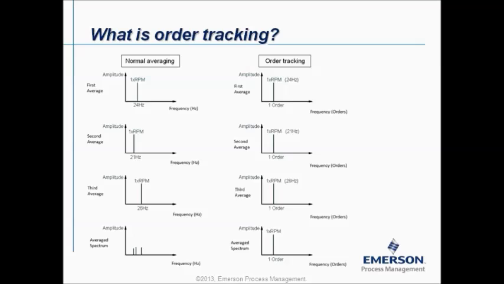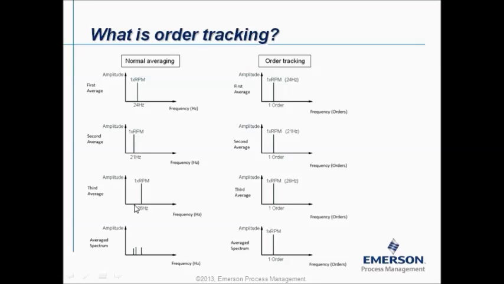Now, this methodology creates an issue when the speed is changing on the installation during data collection. Here is a good example. In the first average, the running speed value was 24 Hz. In the second average, the speed was a little bit reduced and the value was 21 Hz.